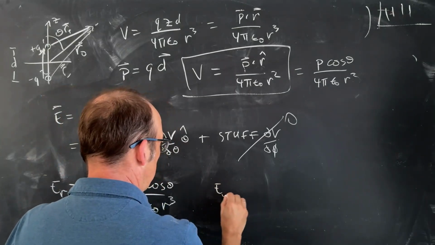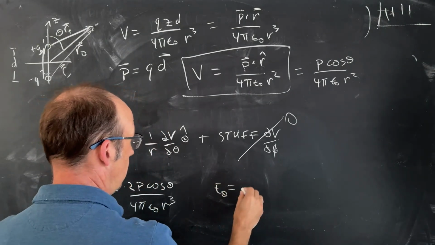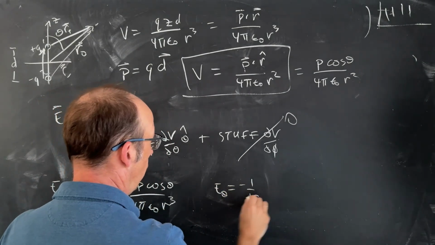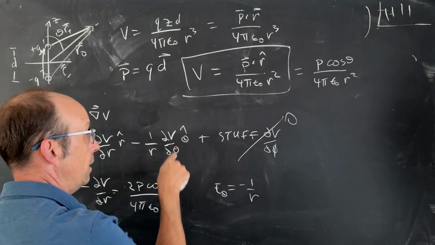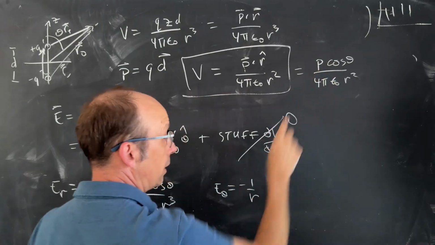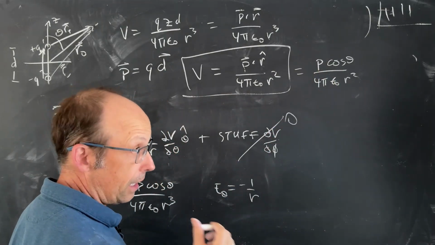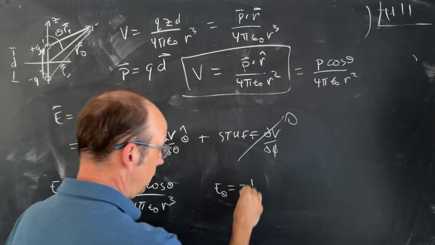E theta is going to be equal to minus 1 over r times the partial of this with respect to theta. The derivative of cosine theta with respect to theta is negative sine. Boom.